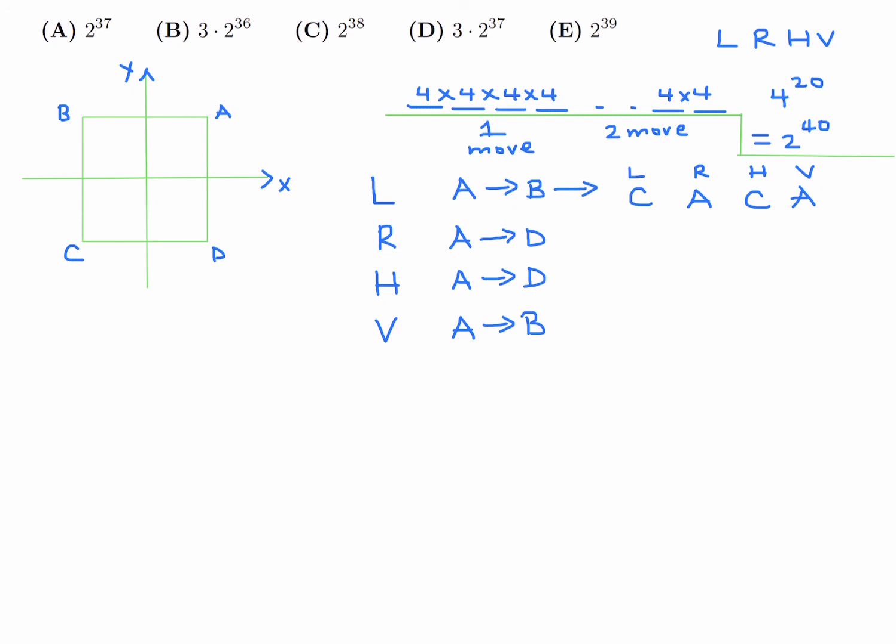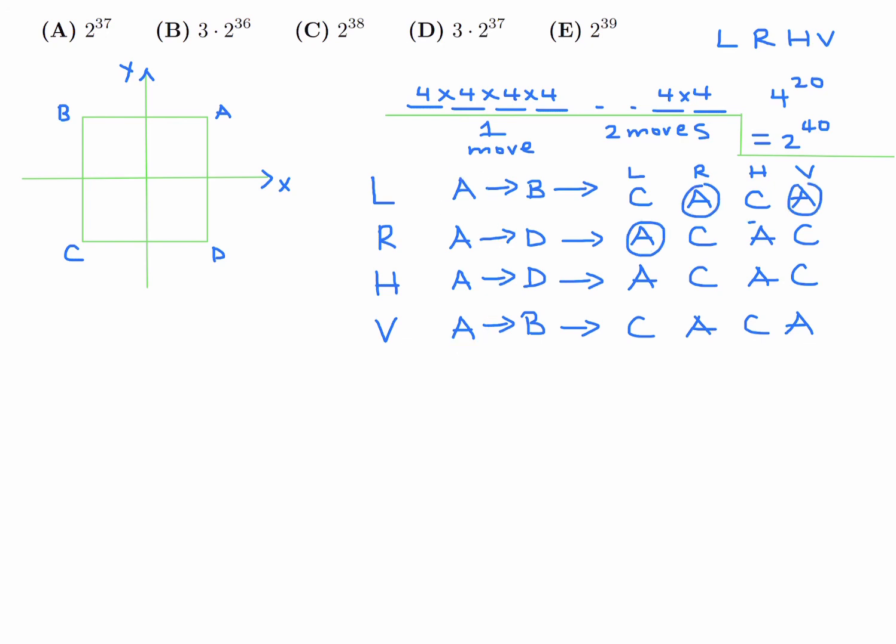Okay. In a very similar way, I'm not going to talk you through every single one. I'll let you figure this out for L, R, H, V. D would go to A, C, A, C. And then again, it's the same for D, so A, C, A, C. And then B, we already did: C, A, C, A. So after two moves, notice that this original A ends up at A half of the time.